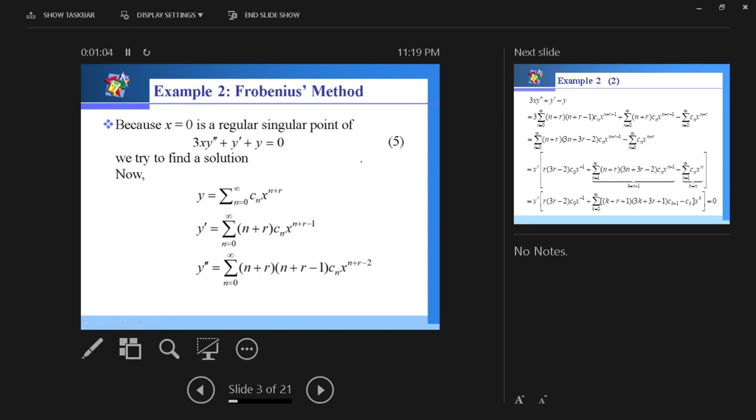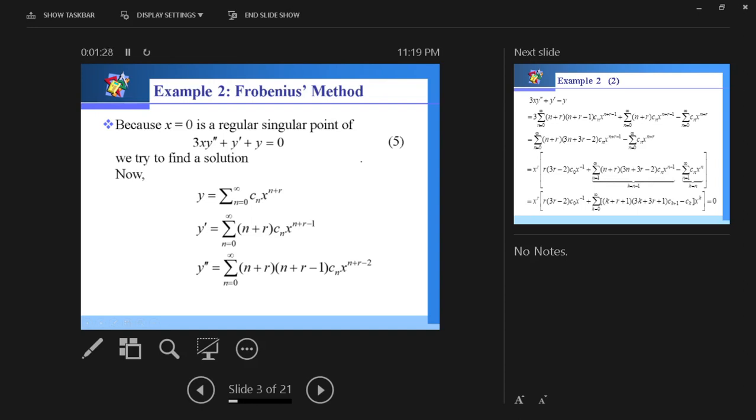Now, for the Frobenius general form, we put y = summation n = 0 to infinity c_n x^(n+r). Then its first derivative is summation n = 0 to infinity (n+r) c_n x^(n+r-1).